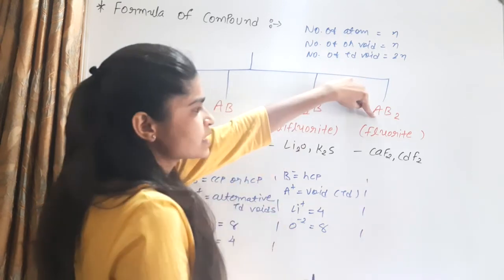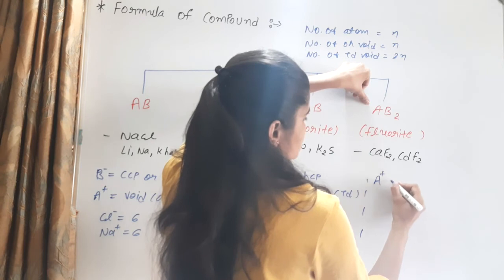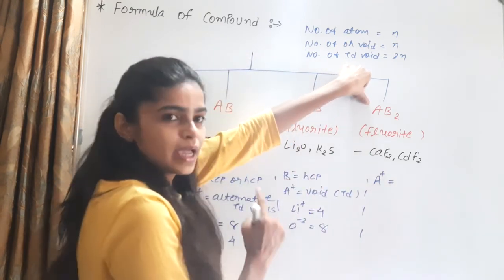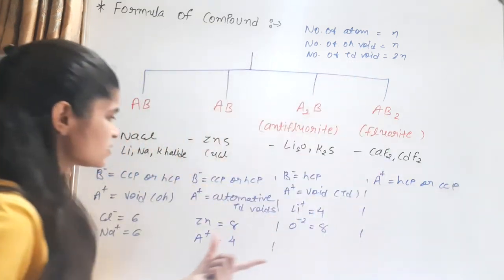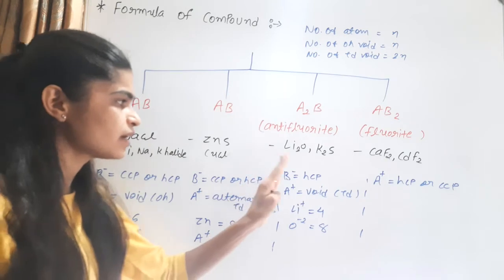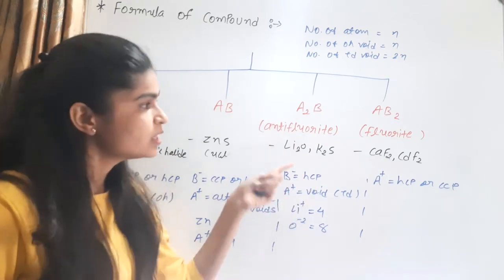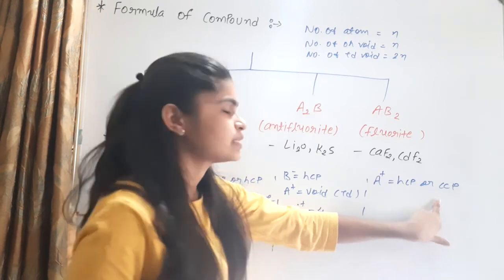Then the fluoride structure. In the fluoride structure, A plus adopts HCP or cubic close packing. In the previous structures, B minus, meaning the anion, adopted the cubic close pack structure, but in this fluoride structure, the cation adopts HCP or CCP.